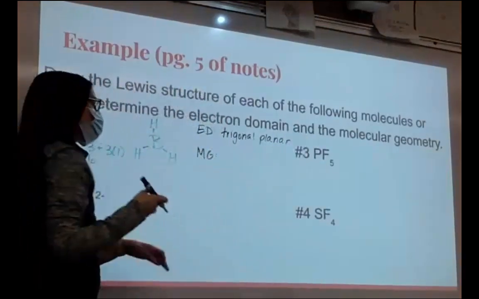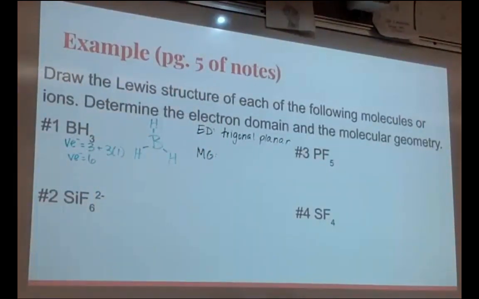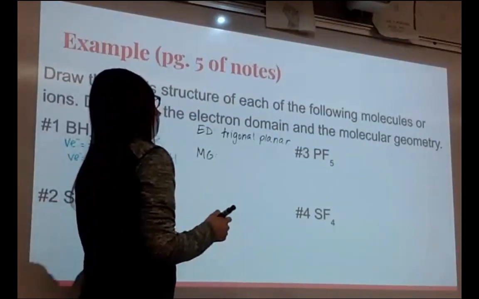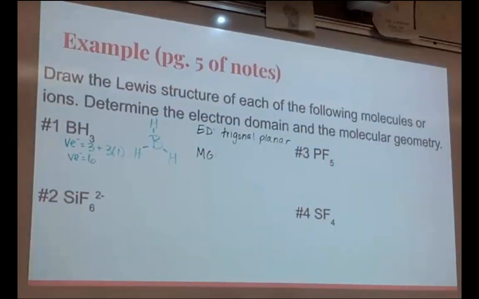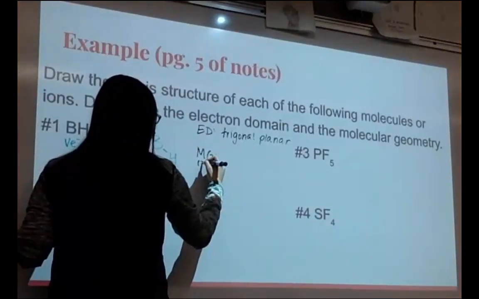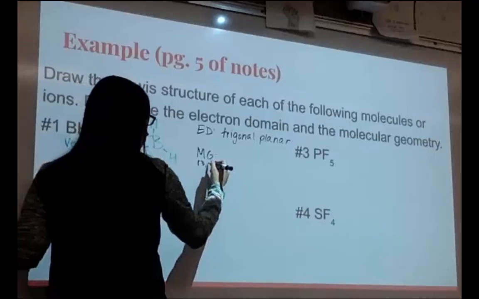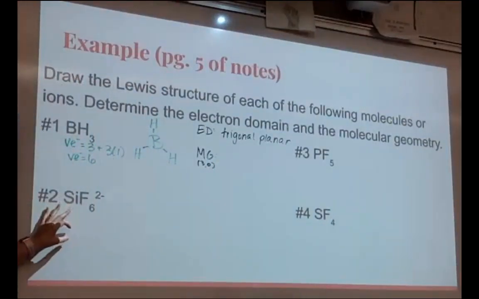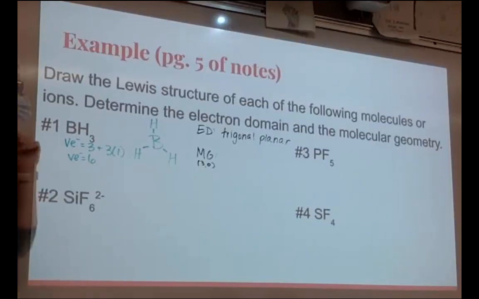Electron domain geometry is always one of those fundamental shapes. In the molecular geometry, we look at how many atoms are bonded and how many lone pairs we have. In this case, we have 1, 2, 3 atoms bonded, 0 lone pairs on the central atom. So 3 atoms bonded and 0 lone pairs results in what molecular geometry?